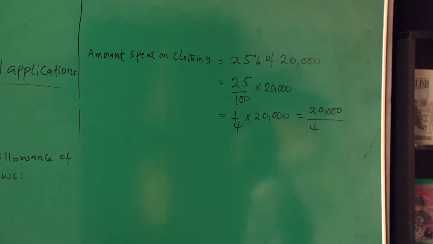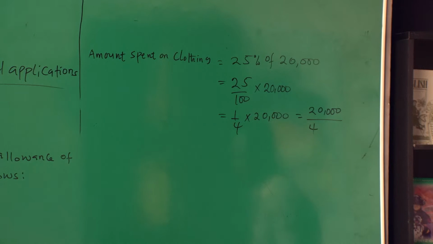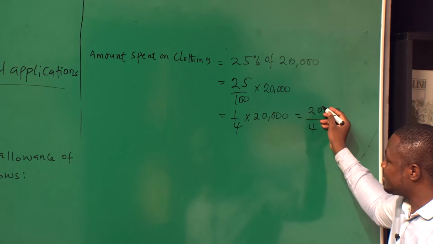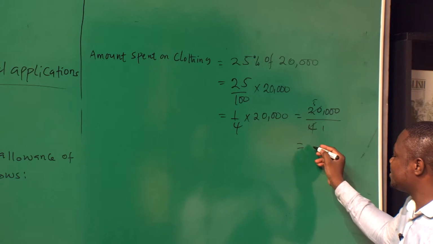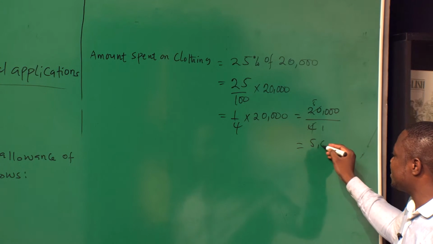You can divide 20,000 by 4. What do you get? 4 going into 20, 5 times. So what's the answer? 5,000.